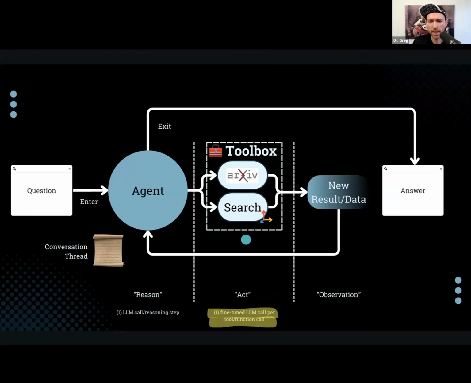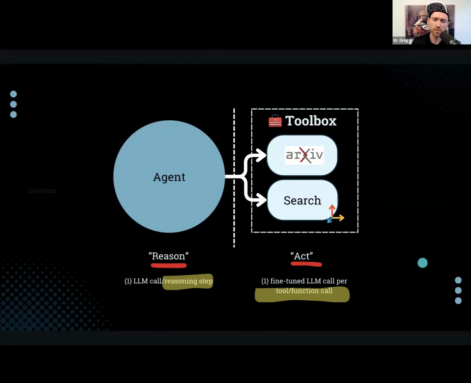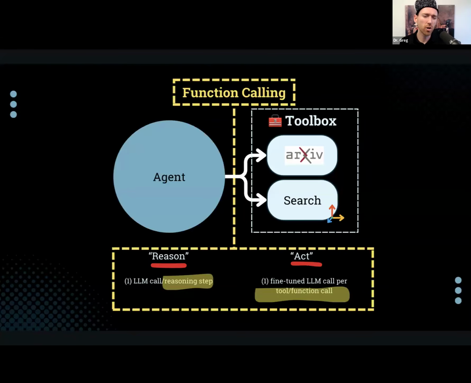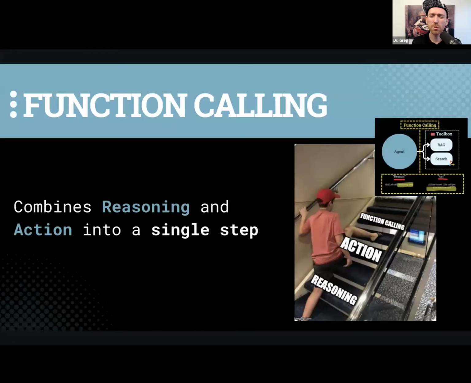So this piece right here actually is pretty cool because if we zoom in on it, where we have the reasoning and the call happening right here, this is what we actually call function calling. This is where we're combining reasoning and action into a single step.